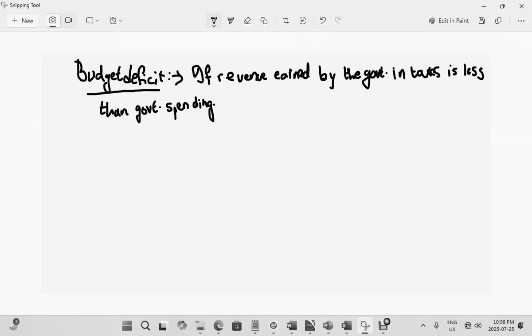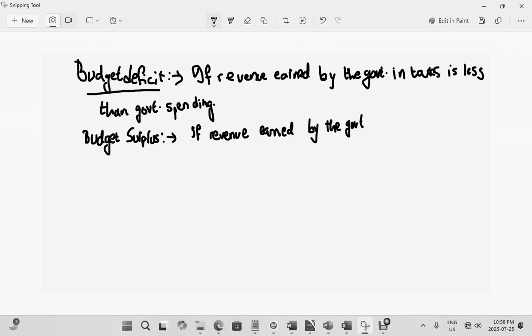The next one is budget surplus. Budget surplus happens when the revenue earned by the government in taxes is more than government spending.